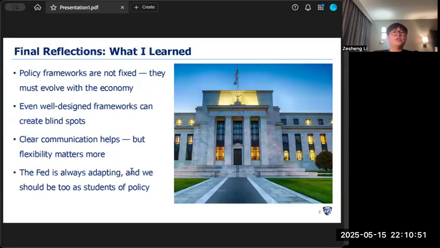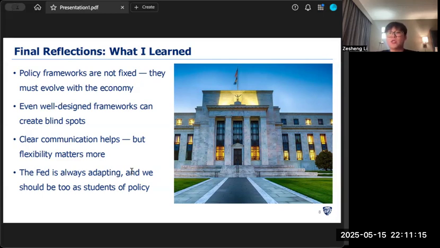So in the end, this experience helped me move from theory to practice. I learned that monetary policy is not just about formulas, it's about making real-time decisions in a world that constantly surprises us. The 2020 review was a bold idea by the Fed.